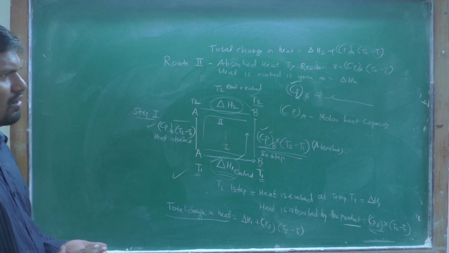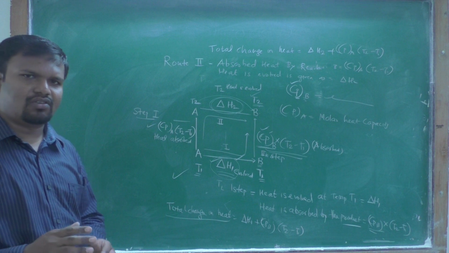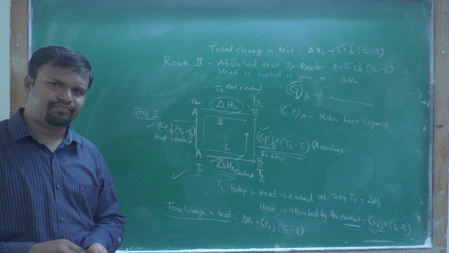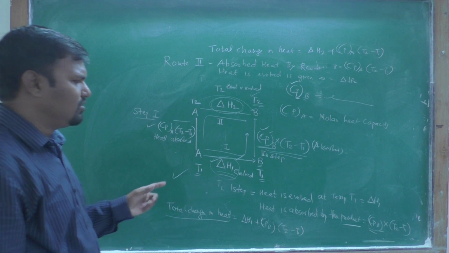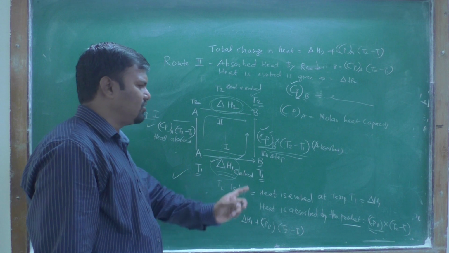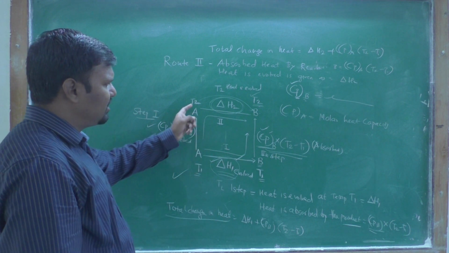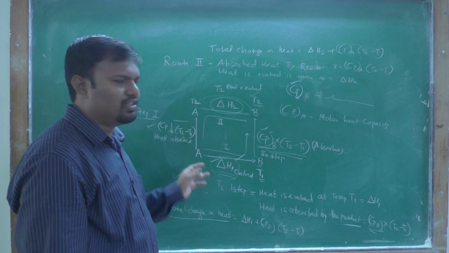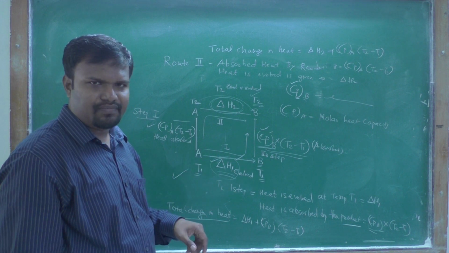Now, we have a rule, that is the law of conservation of energy, we can use here. The change in heat in the first route is equal to the change in heat in the second route, because we obtain the same product by different routes.